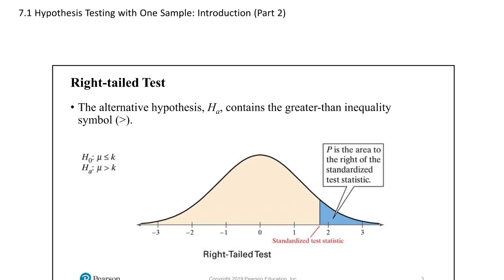If the alternative hypothesis had a greater than, then we'd be talking about a region greater than the standardized test statistic, so that's right-tailed. And this is where we have to make adjustments, because the default is that we get areas and probabilities to the left, so we have to watch out for that.